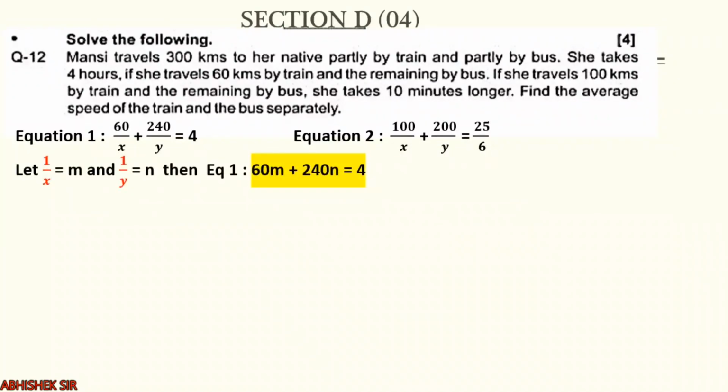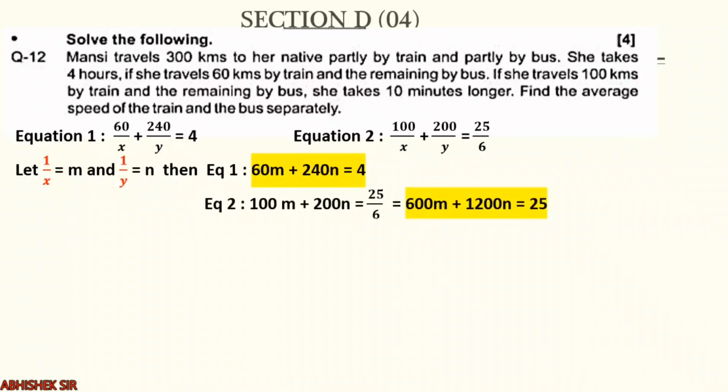Now let us assume that 1 upon x is m and 1 upon y is n. So the first equation will become 60m plus 240n equals 4. See, 1 by x is now replaced by m and 1 by y is replaced by n. Same way, equation number 2 will become 100m plus 200n equals 25 by 6.